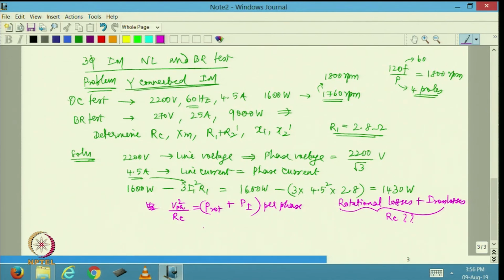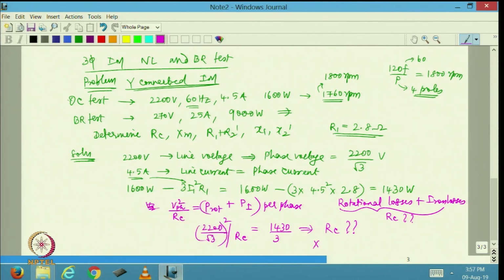So, I should say 2200 divided by root 3, whole square, divided by RC equal to 1430 divided by 3, from which I should be able to get RC without any difficulty.